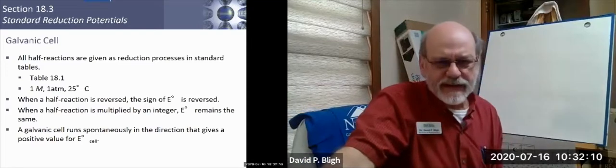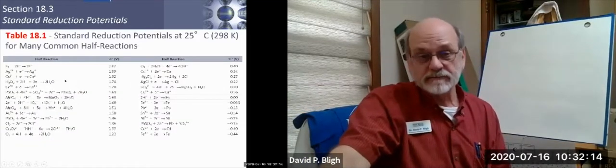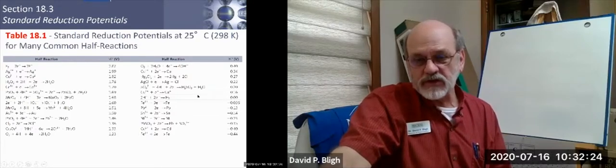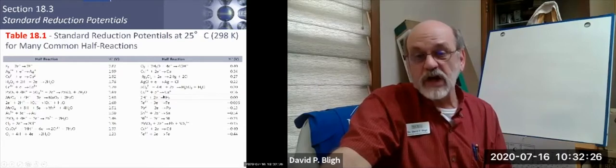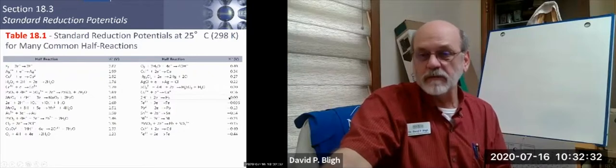Now, let's see. There's part of the chart right there. So each one of these is assigned a voltage, positive voltage. There, there, there, there. Then here's your standard reduction for hydrogen. Would be that one. Would be 0.